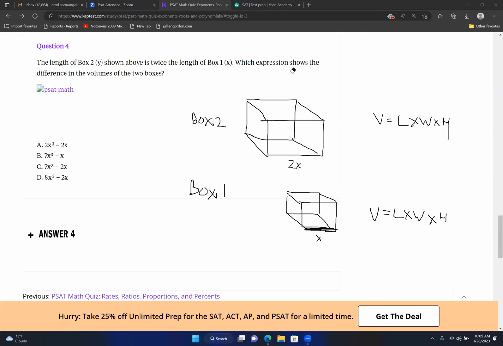Okay. Which expression shows the difference in volumes? What operation is difference? Subtraction. Okay, so let's put some numbers in here. If that's x, that's 2x. If this is 3 and this is 5, what's the volume of this one in terms of x?